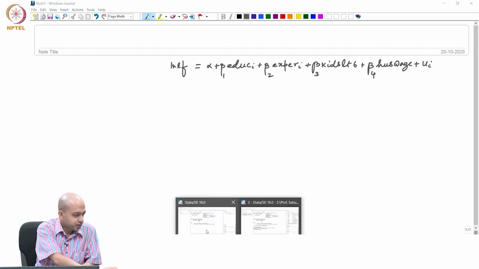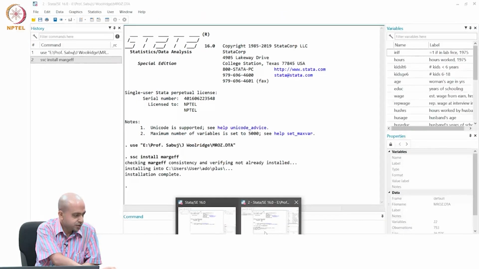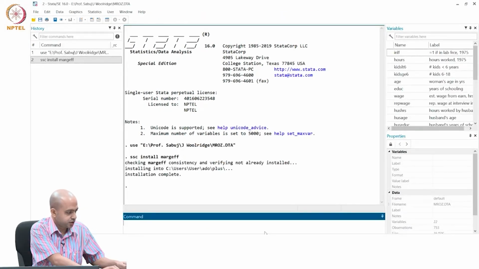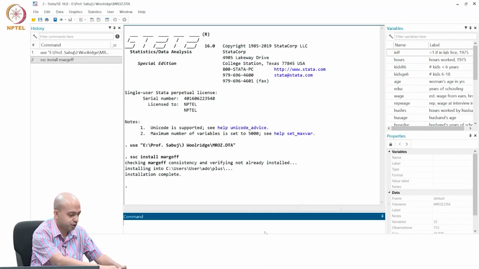So, let us see how we can estimate this. The command for the Logit model is logit, then the dependent variable, in labor force, INLF.